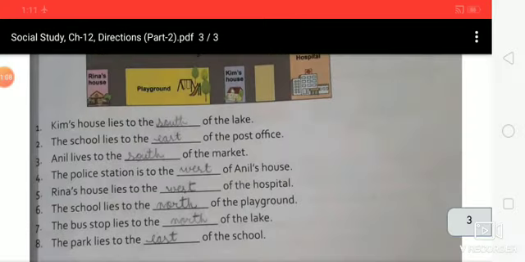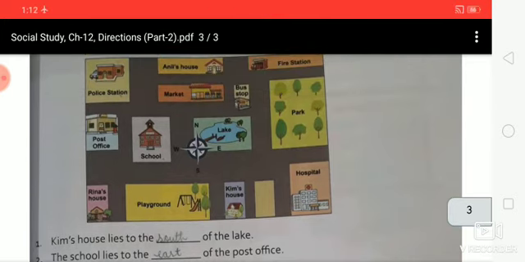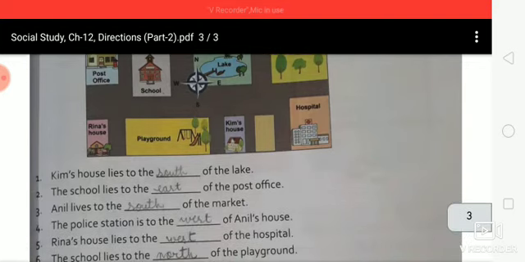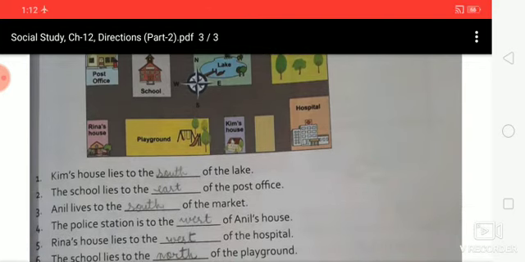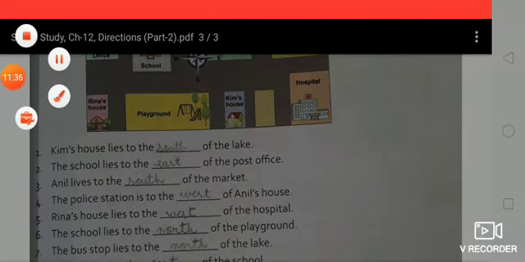Now second one: the school is to the blank of the post office. West, east.